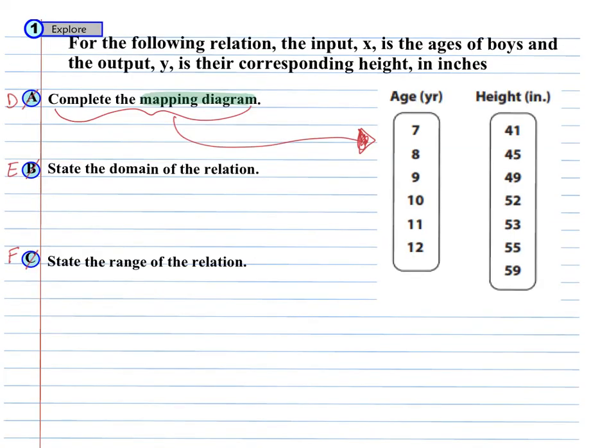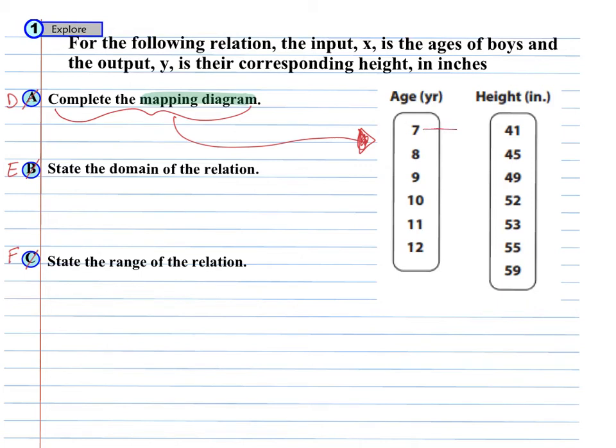For this one, we're using the information from the last slide. So we're going to be using the same ordered pairs. Part 1D wants us to complete the mapping diagram. This is a mapping diagram right here, where you map your X coordinate to your Y coordinate, in this case ages and heights. So we're using the set from the last problem.